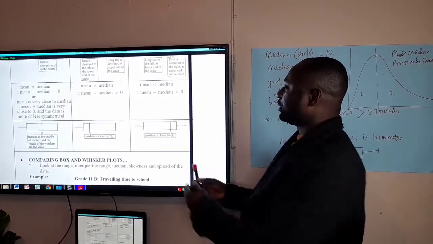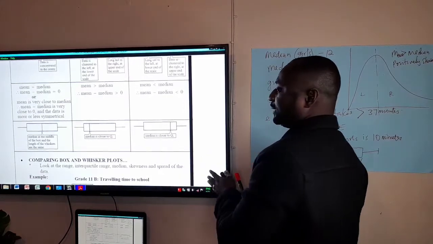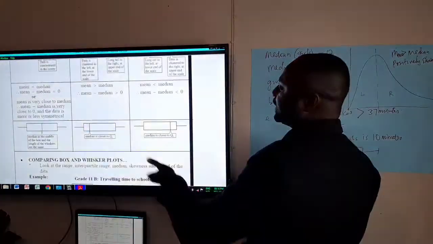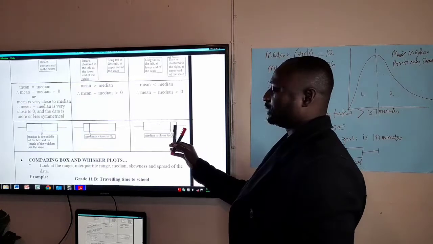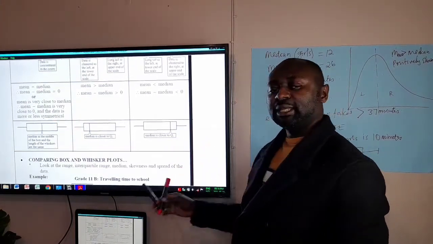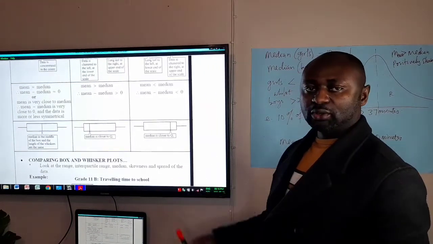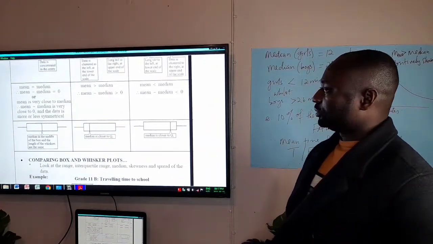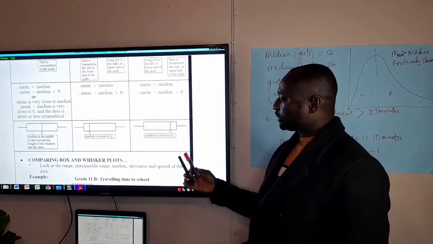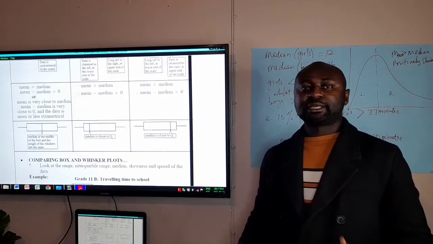Now one can say the left side, from the median, is the biggest one. So it means the data is moving towards the left side more than the right side. In that case, you say it is skewed to the left or negatively skewed. So that is how you interpret the box and whisker diagram in terms of the skewness of the graph.